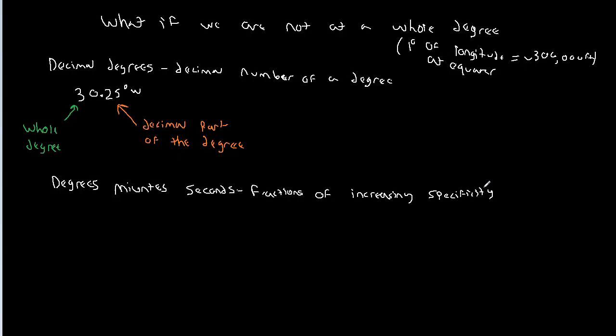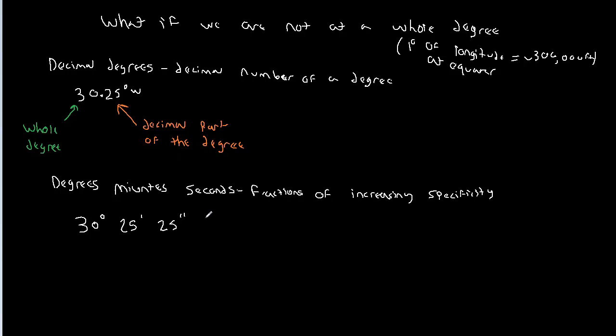And so if we were to go 30 degrees, so it would be 30 degrees, minutes is going to be the next piece. So we would go some fraction of a degree measured in minutes. Let's say we went 25 minutes. And then we would go some fraction of a minute designated in seconds. So we would say 25 seconds.